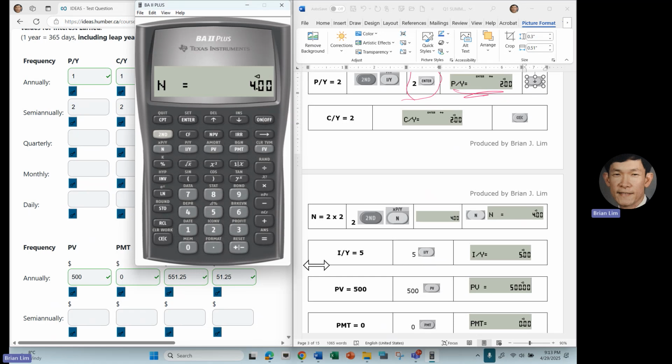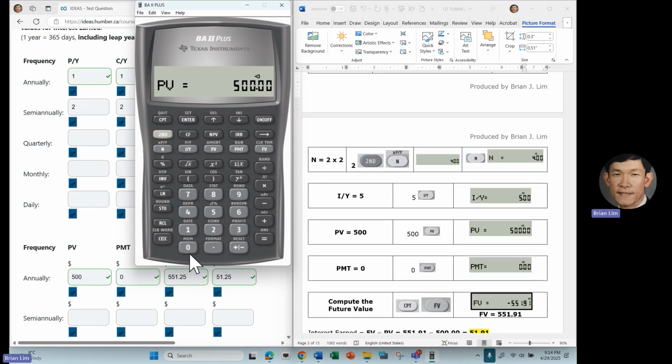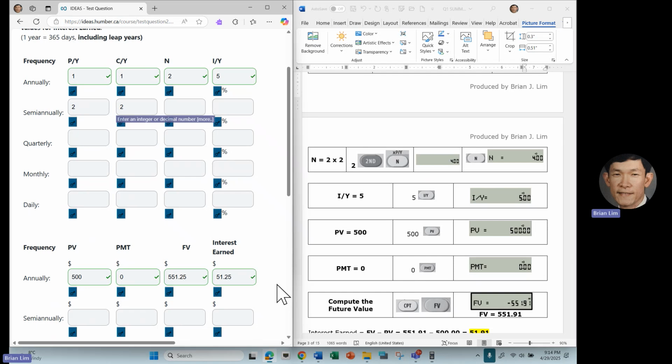Now I/Y is still 5. I can enter it by going 5 I/Y, and PV is 500, which I enter, 500 present value. I'm entering 0 for the payment, so I go 0 payment, and then I'm computing the future value. Compute the future value: 551.91.